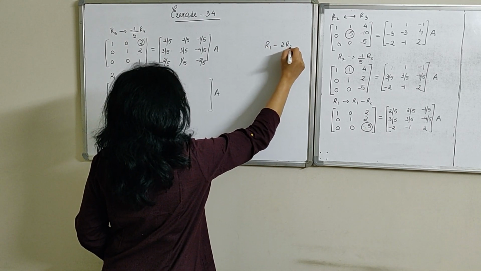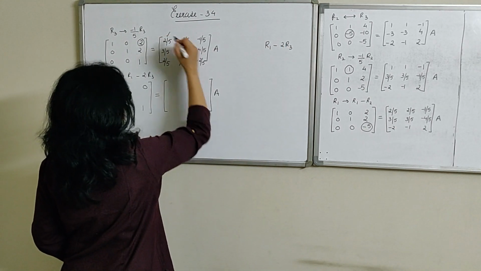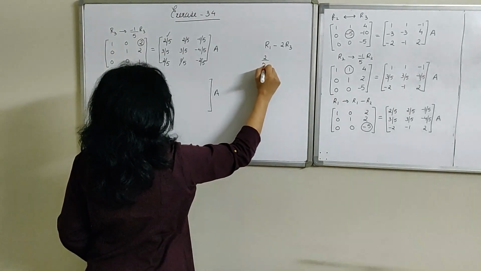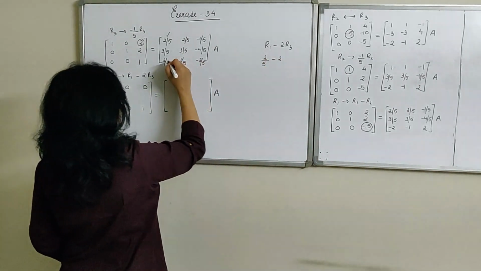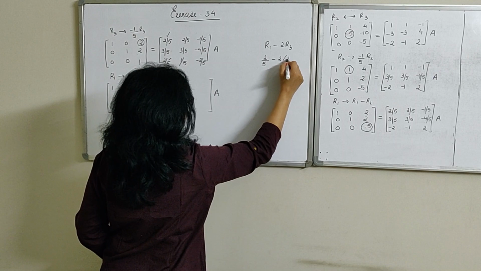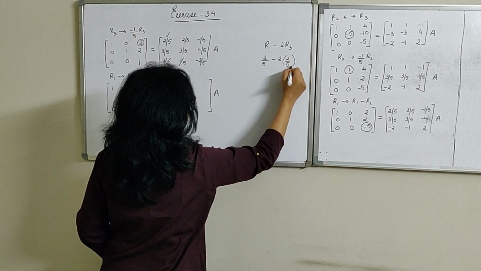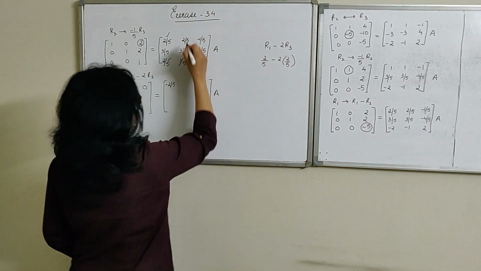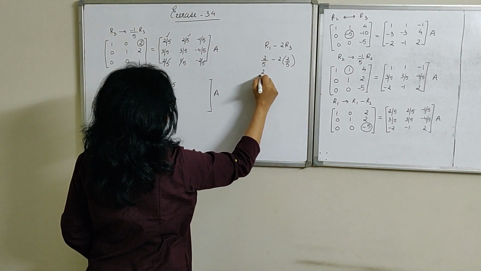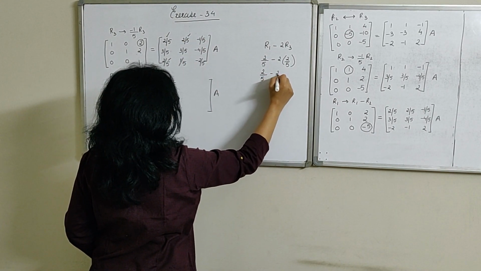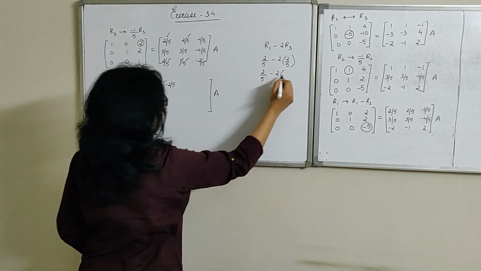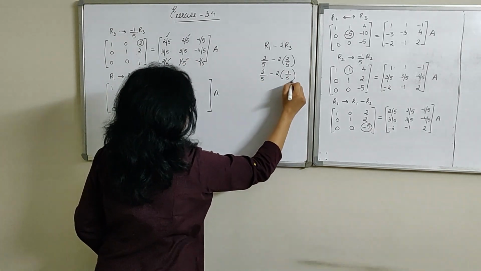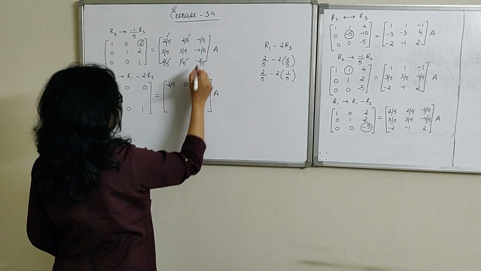R1 minus twice R3. So R1 minus twice R3, which is 2 by 5. This on simplification gives minus 2 by 5. Next element, 2 by 5 minus twice of R3, which gives 0.